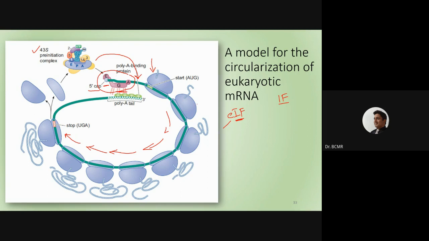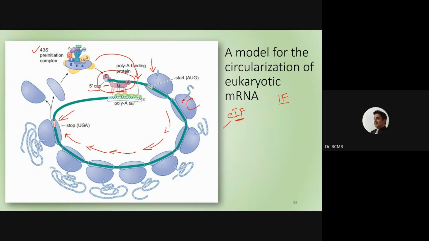Based on that, tRNAs come and keep moving out, while the protein chain, the polypeptide, keeps growing, as polymerization of amino acids keeps happening based on the sequence of codons present on the mRNA.